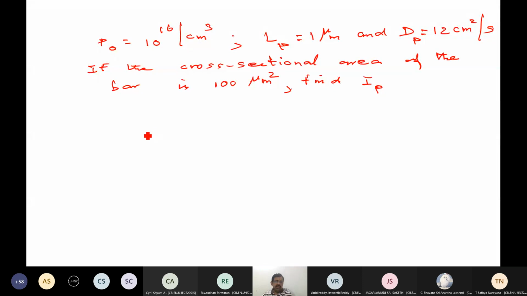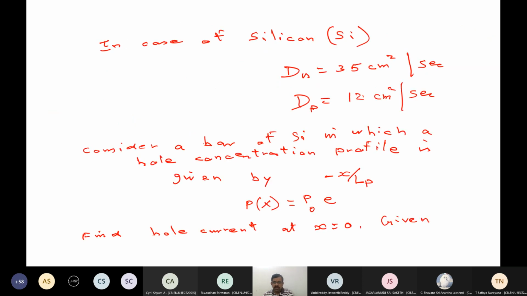Now, what is given? P of x is given, so let us first write that. Solution. All of you can start to attempt this problem while I write the steps. You can independently write it. Let me go to the screen back. Those of you who have not taken it, let me again read it. Consider a bar of silicon in which a hole concentration profile is given by P of x equal to P naught e power minus x by LP.